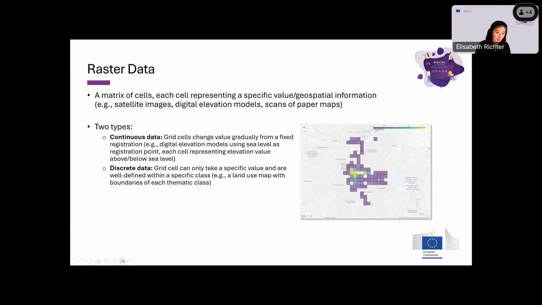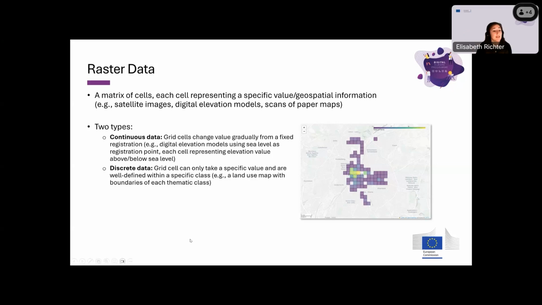Now, continuous data: here the values in the cells change gradually given a fixed representative value or a fixed registration. For example, digital elevation models use the sea level as the reference point, and each cell is representing elevation either above or below sea level, related to this registration point.